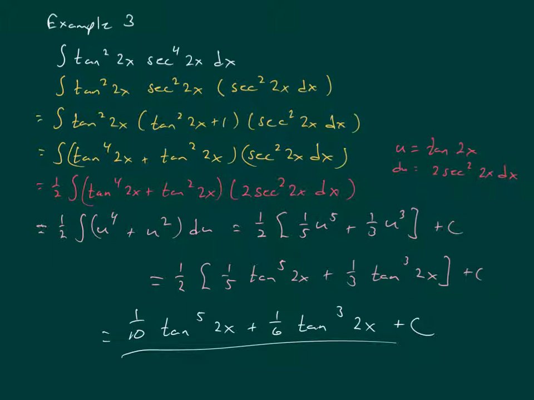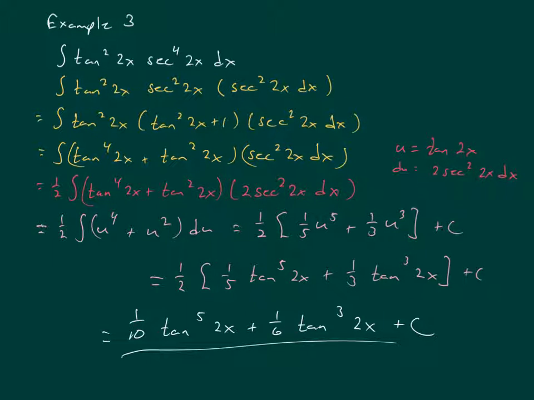So at this point now, I'm going to make my u substitution. And I know in this problem u is going to be tangent of 2x, so du is going to be 2 times secant squared 2x dx. When I take the derivative of tangent of 2x, I get 2 secant squared 2x. And so in that case, I need that 2 there, which is going to give me that 1/2 on the outside. And at this point now, I'm set up to do the substitution.